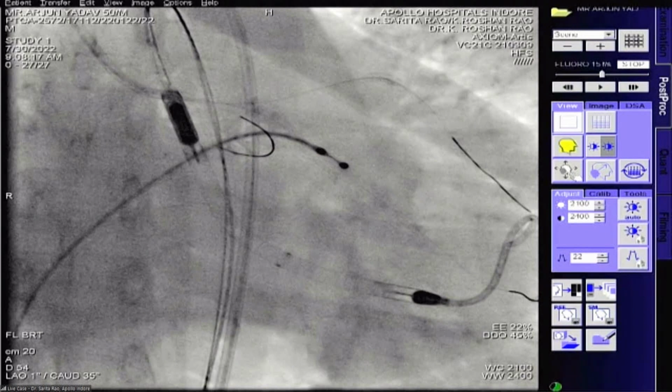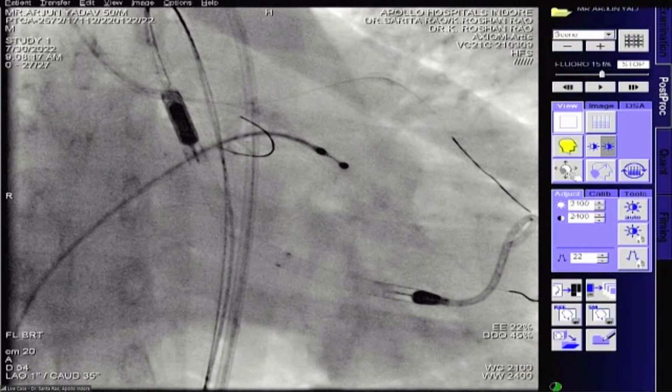So we had a temporary flat line. Use the boost. My pressures are now back. Now again have a pressure of 96.